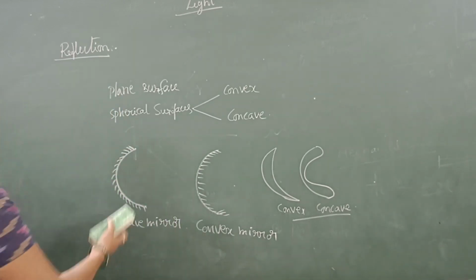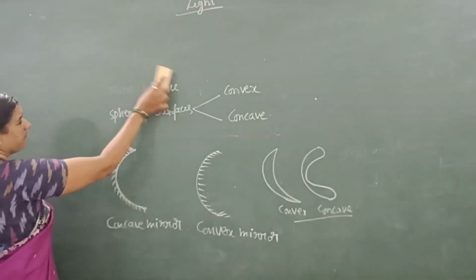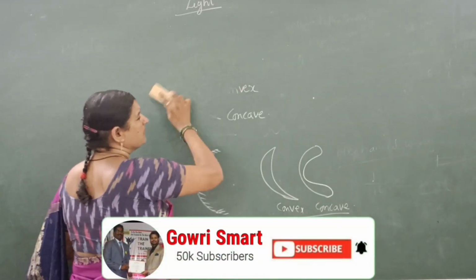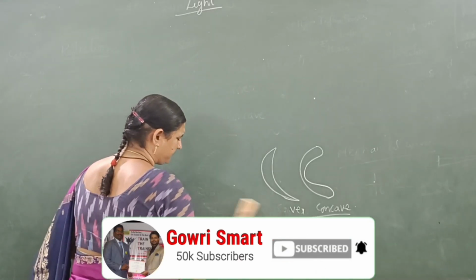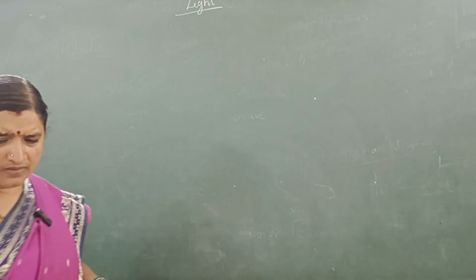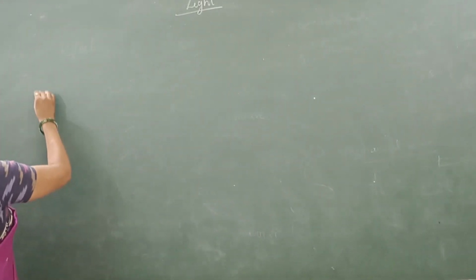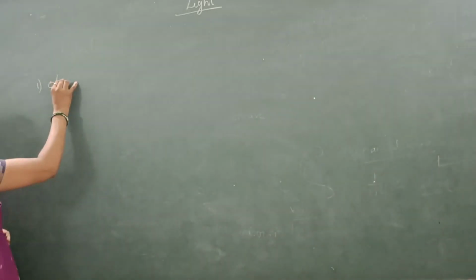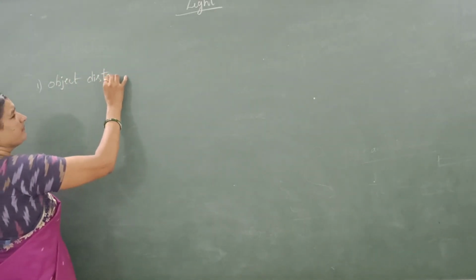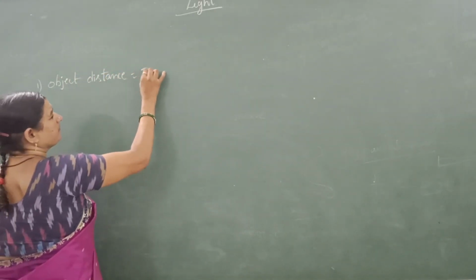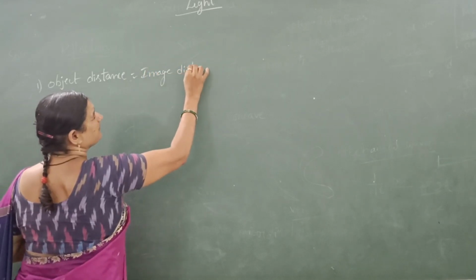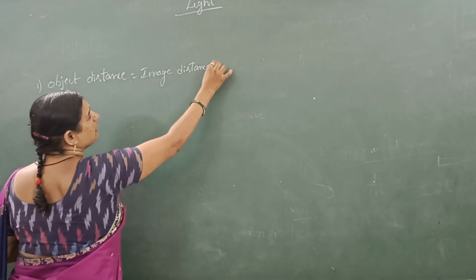Next, image formation in a plane mirror. What are the characteristics of an image formed in a plane mirror? The first one is that object distance is equal to image distance.